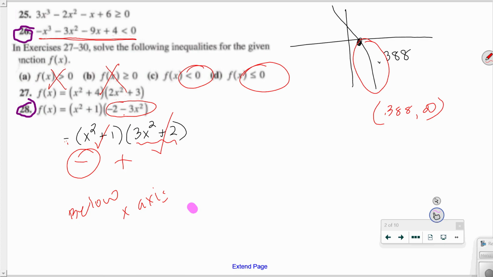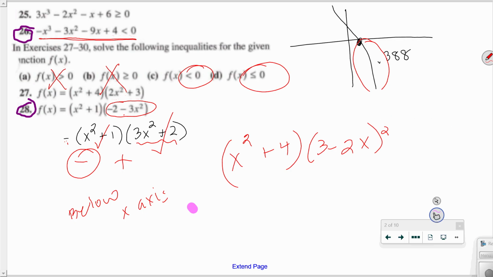30, same deal, right? 30 looks like x squared plus 4, 3 minus 2x all squared. So actually maybe you don't need to do rearrangement for that one, because it's always positive or 0. At x being 3/2, it equals 0. On that one, I think it was the same direction as 28.